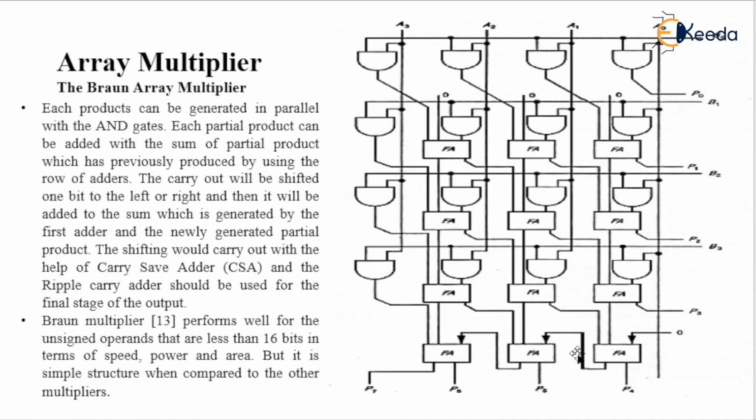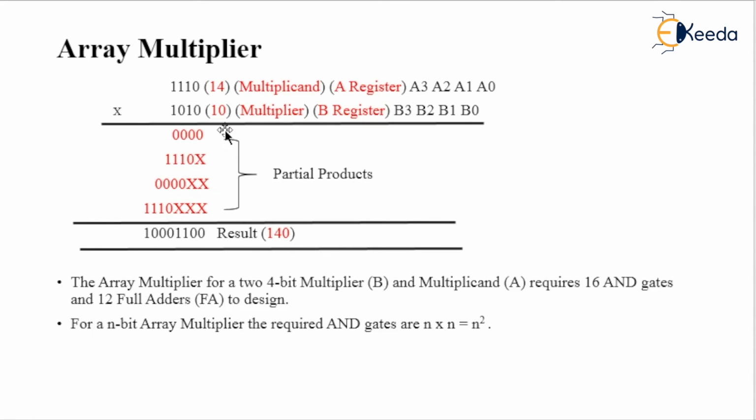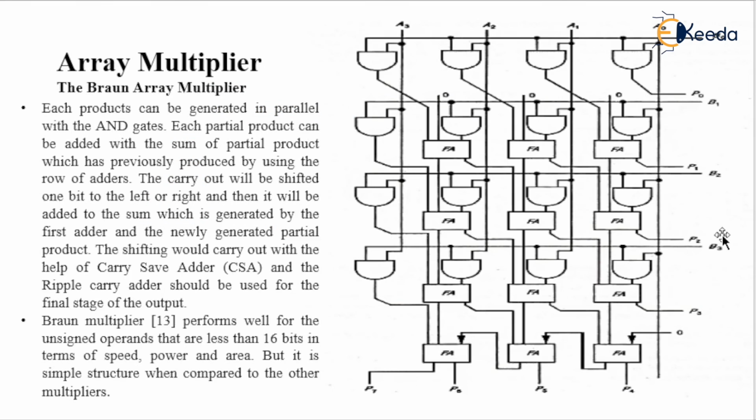In this way we are going to multiply 4 bits, 14 and 10, with the help of this Bit Array Multiplier.